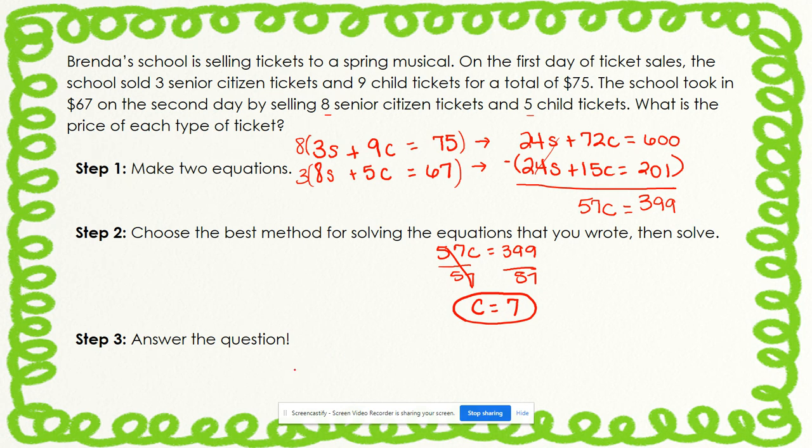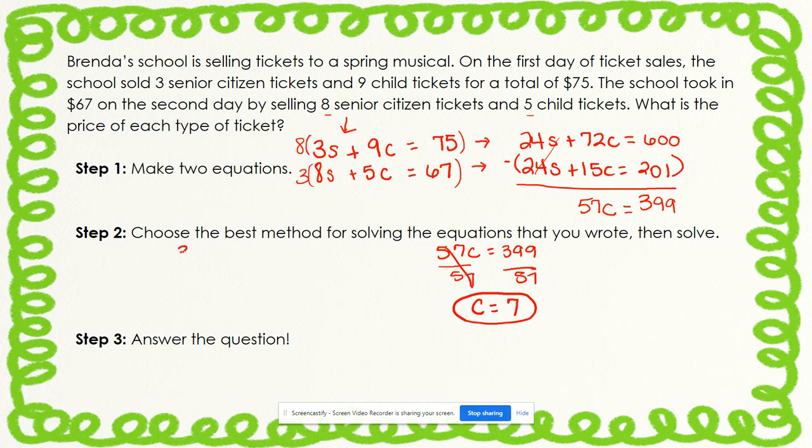Now I still need to find the price of the senior citizen ticket. So to do that, I'm going to plug in the price of a child's ticket, which is 7, into one of these equations, and it doesn't matter which one. I can use the one that I wrote originally, or I could use this one over here. It actually won't matter. I should still get the same answer.